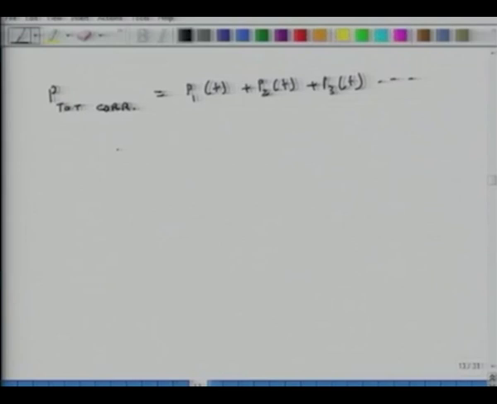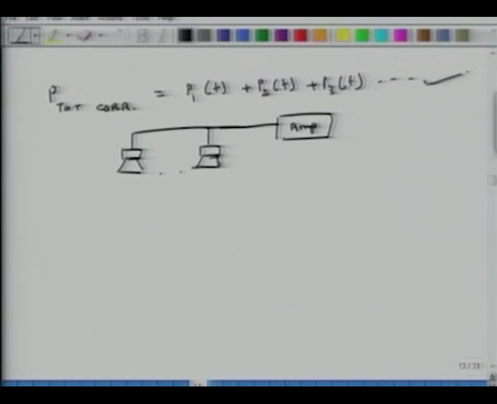A good example of this could be I have one speaker, I have another speaker, and both have the same frequency response curves, and they are being fed the same signal from the same amplifier, and the distance between these two is not significantly large in the context of the wavelengths which these speakers are generating. Then I can use this relation to add up the pressures.